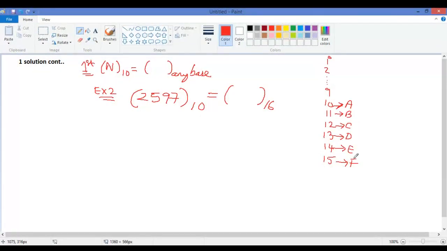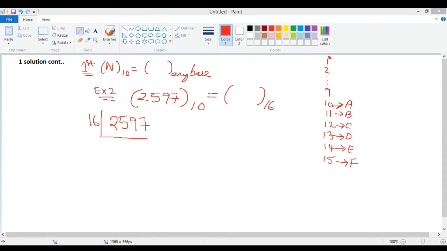Now let us apply the logic. I will write 2597 and divide it by 16. Tell me, how many times does 16 go into 2597?